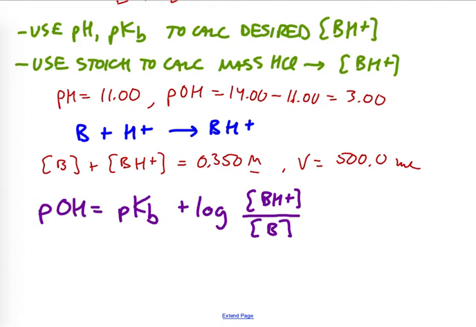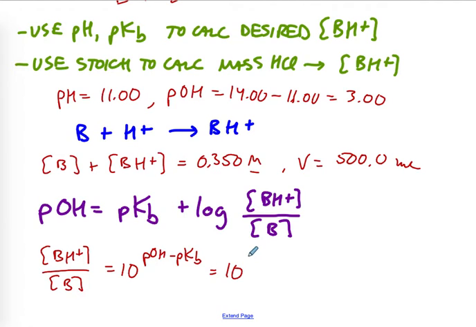I'll rearrange that to isolate the ratio of the conjugate acid to the base. That will be equal to 10 to the pOH minus pKb, or 10 to the 3.00, which is our desired pOH, minus 3.30, which is pKb, is 10 to the negative 0.30 equals 0.501.